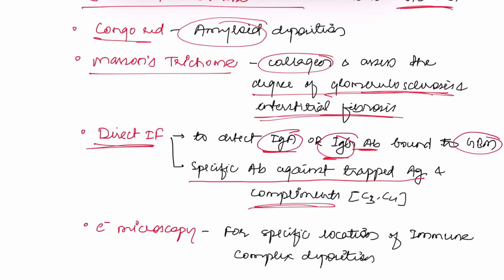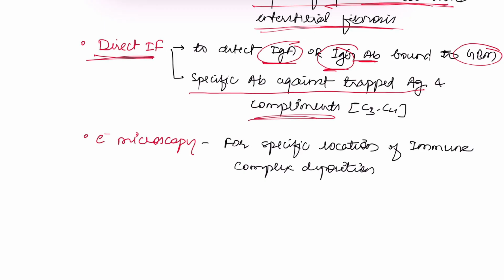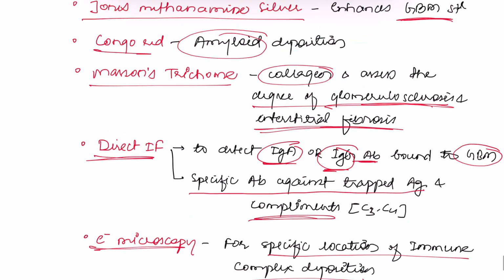So by immunofluorescence, you can visualize the specific antibodies and where they are actually located or deposited, and also specific antibodies which are against some particular antigen or the complements. And the electron microscopy is for the specific location of immune complex deposition.